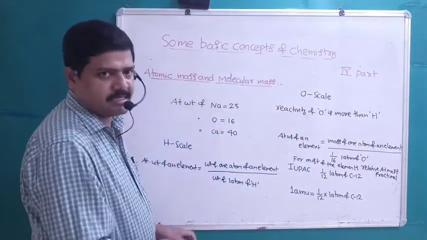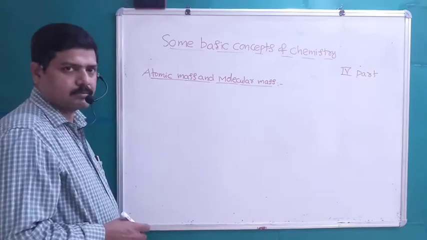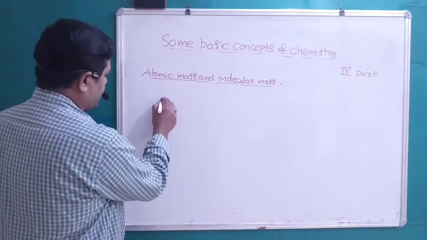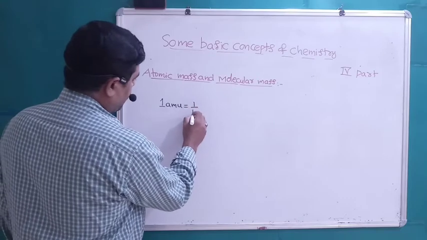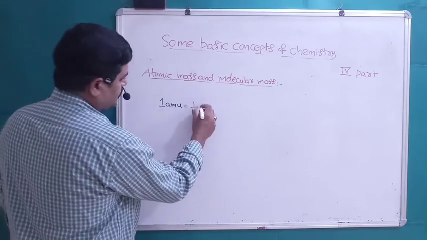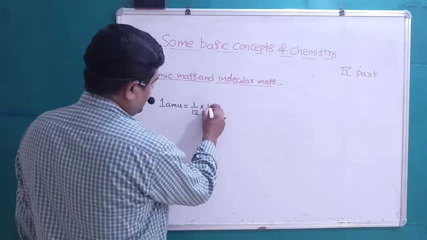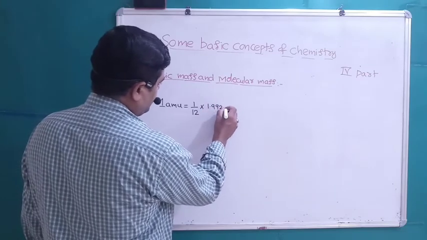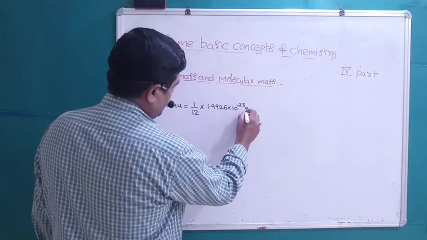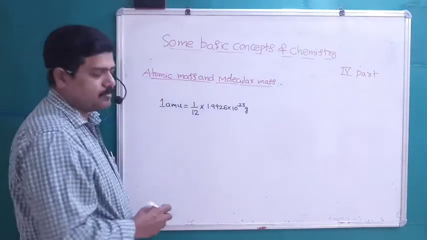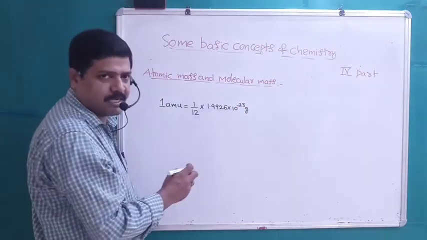Let us discuss what an AMU is. Students, 1 AMU is equal to 1/12 of the mass of one atom of carbon-12, which is 1.9926 × 10^-23 grams, measured from the mass spectroscopy technique.